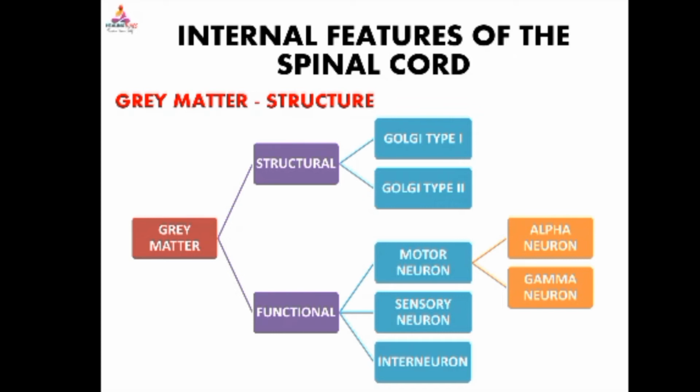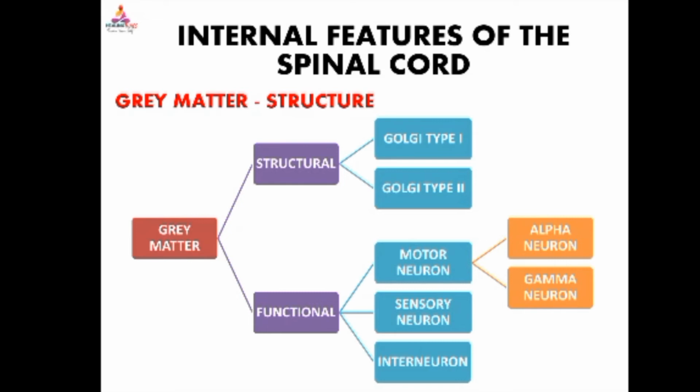Like in the other regions of the CNS, the gray matter of the spinal cord consists of nerve cells, neuroglia, and blood vessels. The nerve cells in the gray matter of the spinal cord are multipolar and can be classified in two ways: structural classification and functional classification.